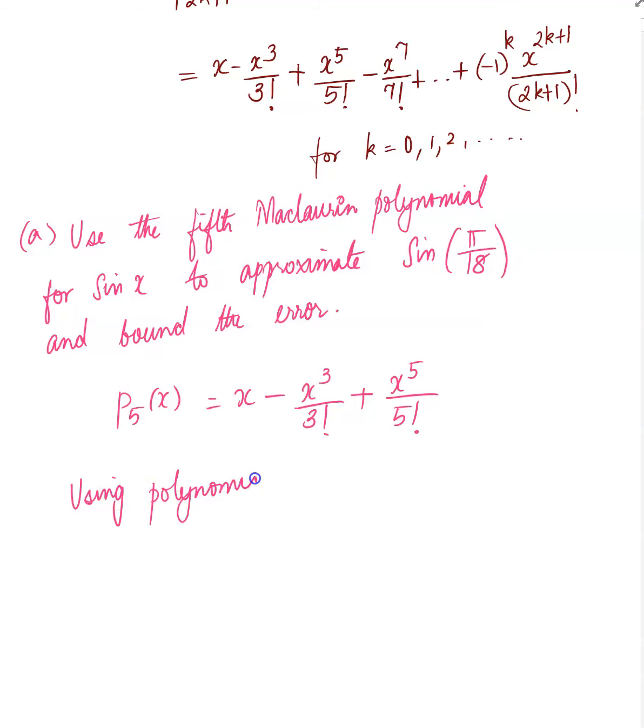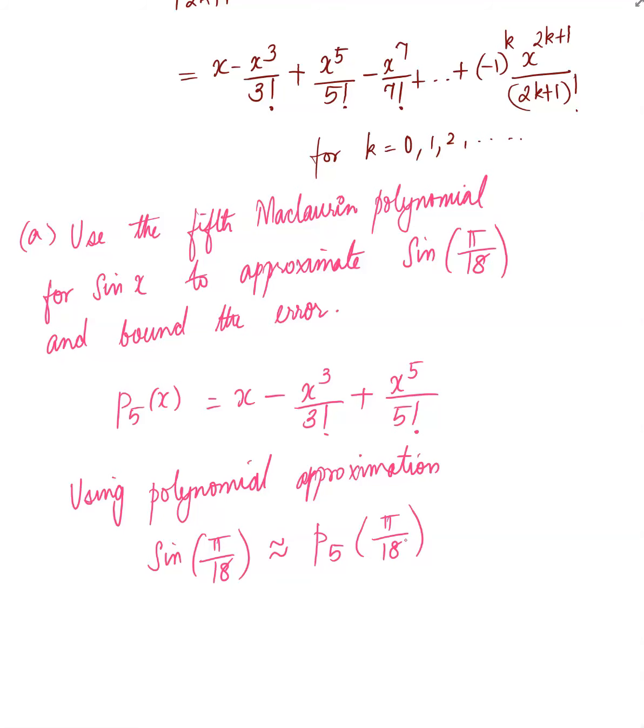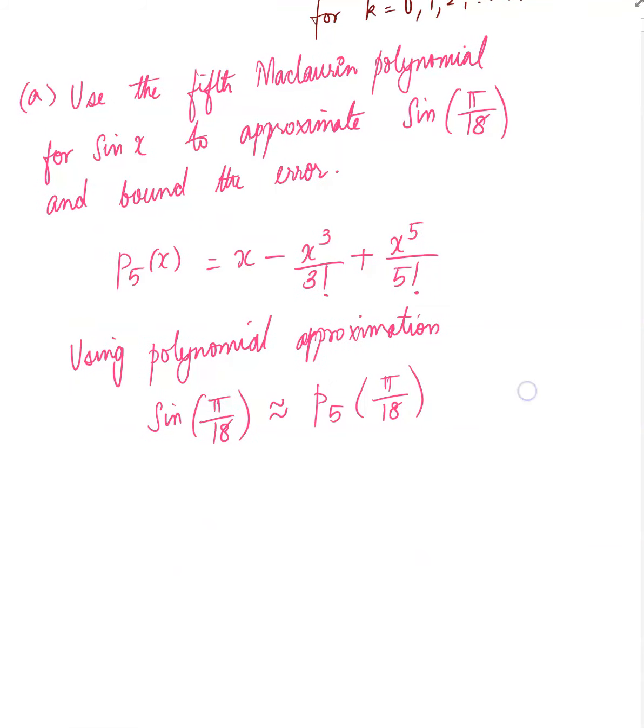Using polynomial approximation, we can say that sine pi over 18 can be approximated by the fifth polynomial, because that's our focus here, when x is particularly pi over 18. This P5 of x was for sine x. So if your sine is not x but sine pi over 18, your x is now pi over 18, and you could start replacing all your x's with pi over 18.